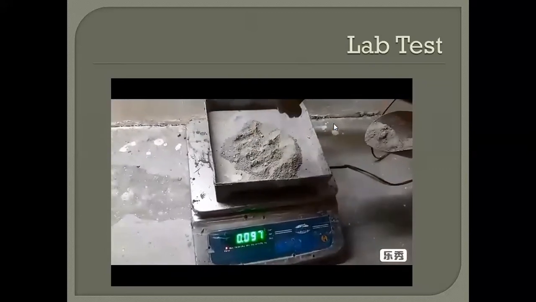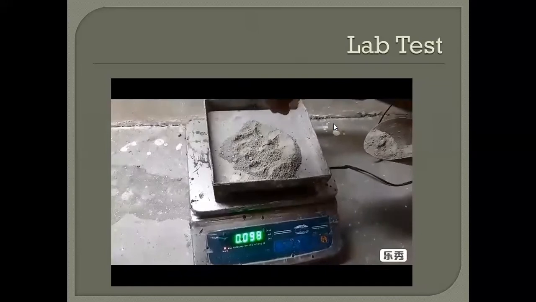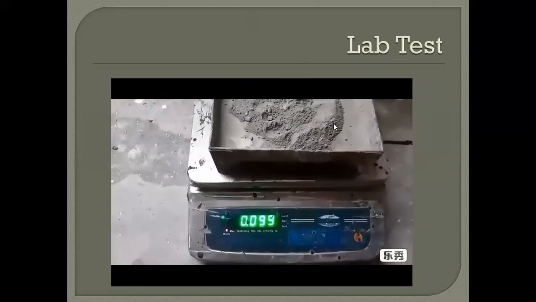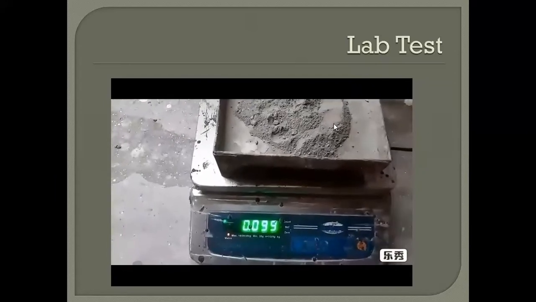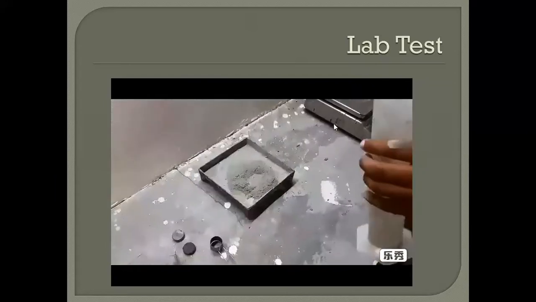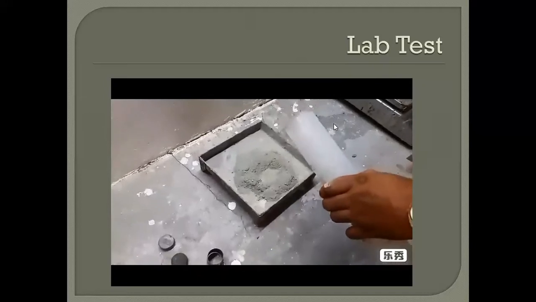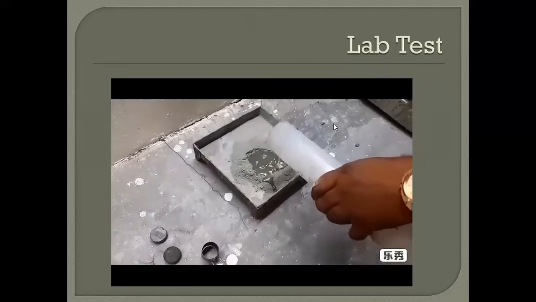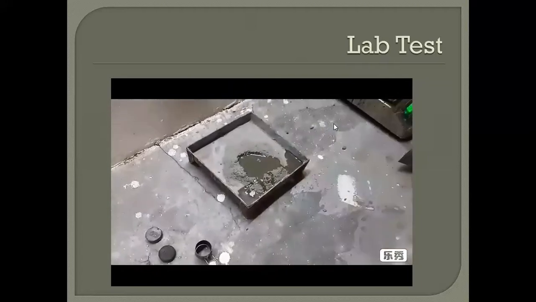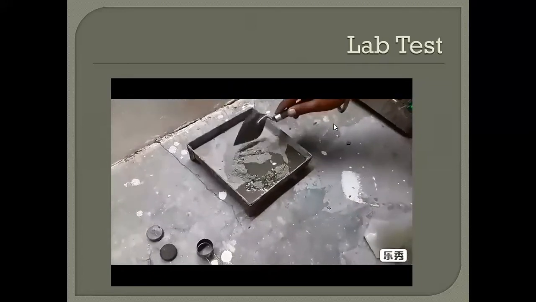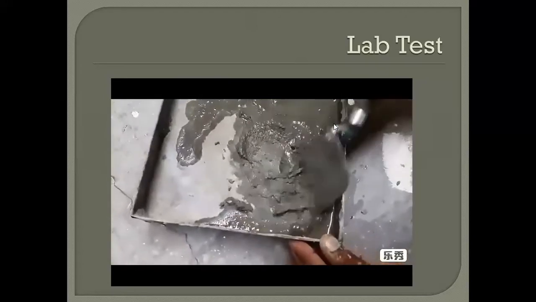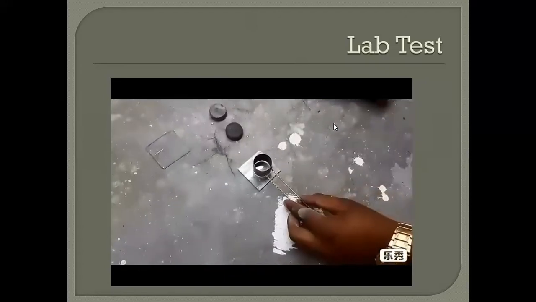Now we will add water, and that water content will be equal to 0.78 times P. So this is the water content which we are adding. Mix properly and make the paste.